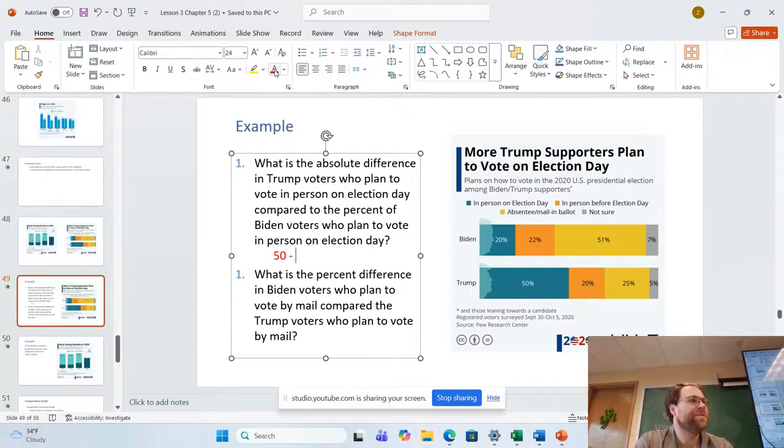Biden would be 20%. So this would be an overall absolute difference of 30%.